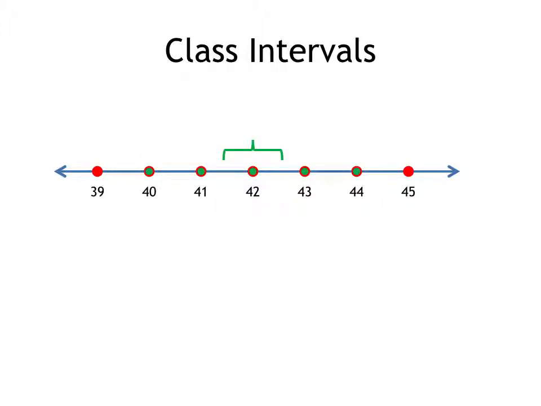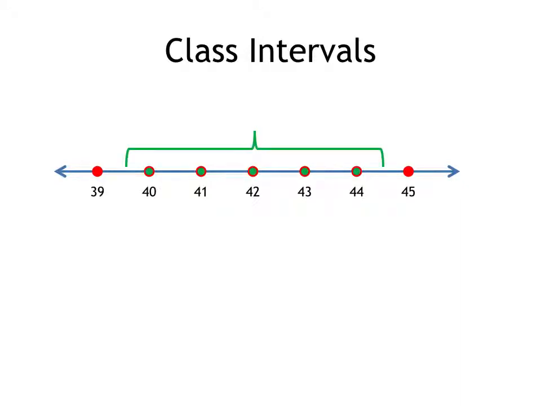Just think of a score of 42 as being somewhere actually between 41.5 and 42.5. Maybe it's 42.1 or 41.9, but we represent it as 42. So the exact value limits of 42 are really 41.5 and 42.5.